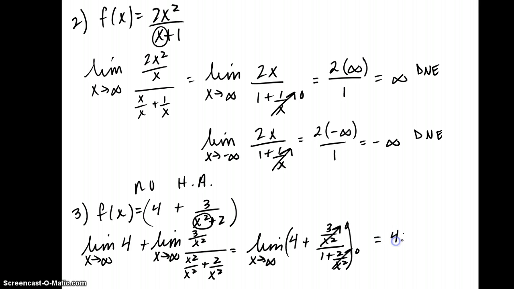So all I'm left with is 4 plus 0, which is 4. Just because I'm running out of space on the slide. If I made this a negative infinity, these limits would still approach 0. So my limit as x approaches negative infinity would be 4 as well. So what can we conclude? There's a horizontal asymptote at the line y is equal to 4.